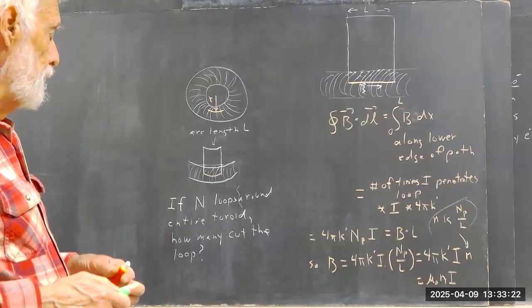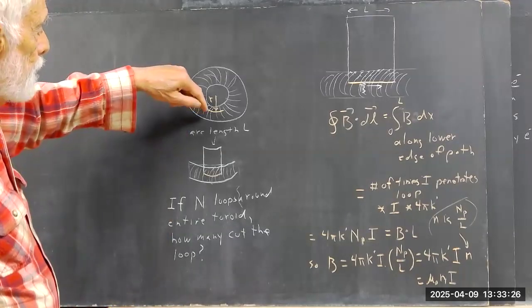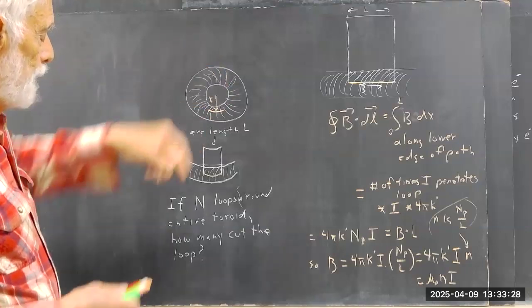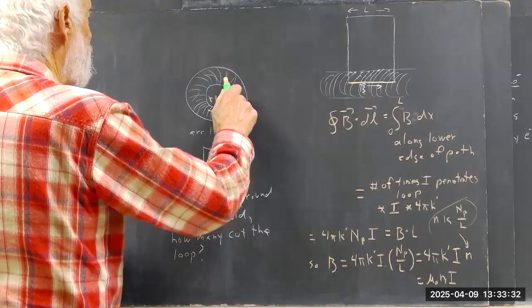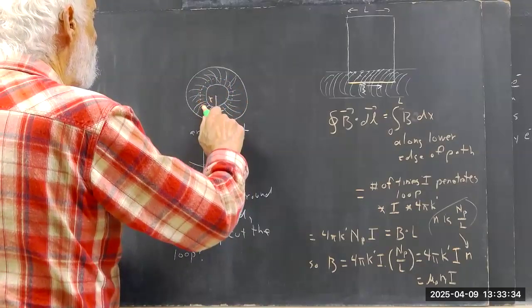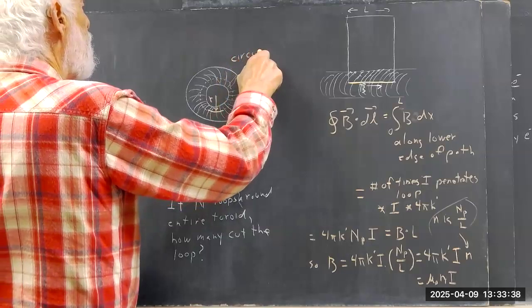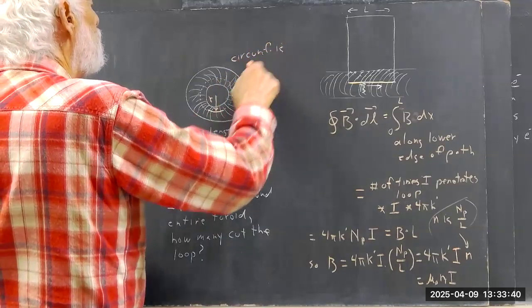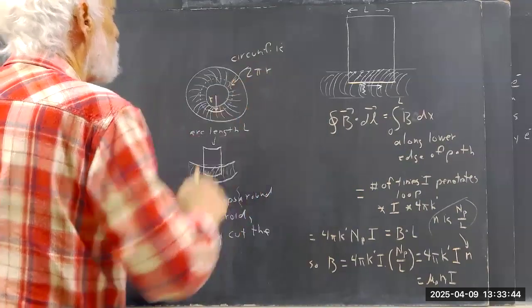Well, I'm going to just tell you that it's just a simple proportion. The circumference of an entire loop around here is 2 pi times its radius.